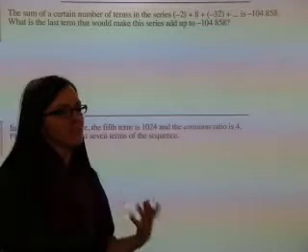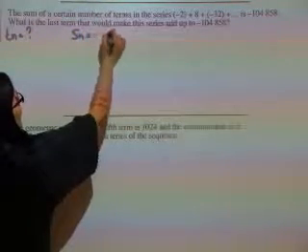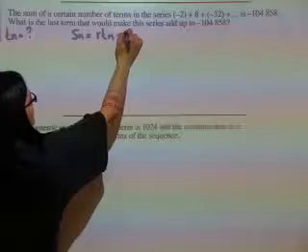Okay, so let's look at class example number 4. The sum of a certain number of terms in a series, -2 plus 8 plus -32 plus ... is -104,858. What's the last term in this series? So what am I asked to find? T of n. So that implies that I'm using this formula.